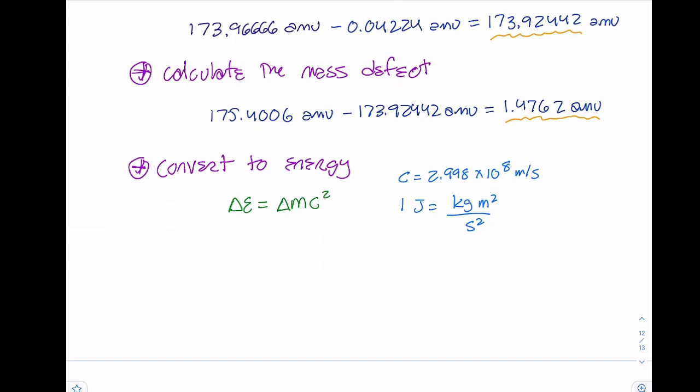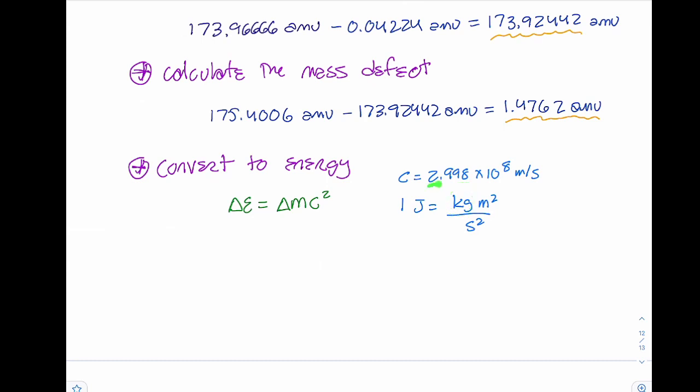So the other piece of information is we do know back from our intro chem days that numerically something in atomic mass units is the same as in grams per mole. If we talk about the atomic mass of carbon, it's 12.01 atomic mass units. If we talk about the molar mass of carbon, it's 12.01 grams per mole. So I am just going to take my mass defect here in atomic mass units and change those units to grams per mole. Once I do that, we can convert to kilograms.